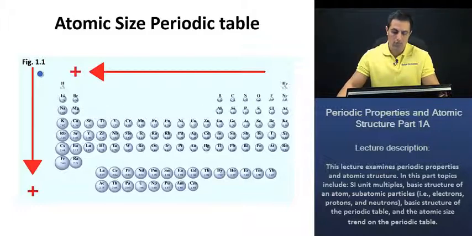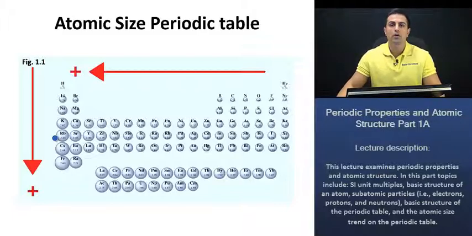Now, in regards to going down a group, yes, there are additional protons and electrons, but the electrons are now going to be on the next quantum level, and because they're on the next quantum level, they're going to be farther from the nucleus, so there's going to be a dramatic increase in the atomic size.